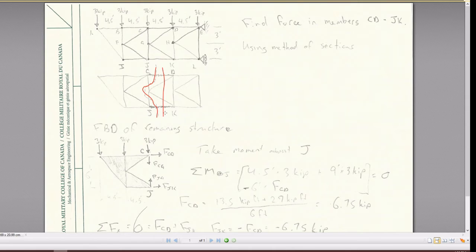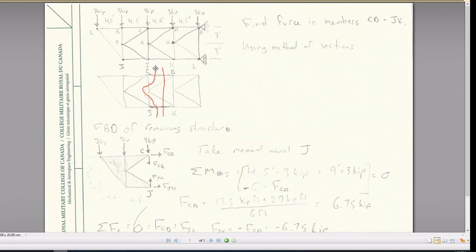Either would work, but if we cut along this line, then we have to deal with the angles of the forces GD and GK, which might be annoying.